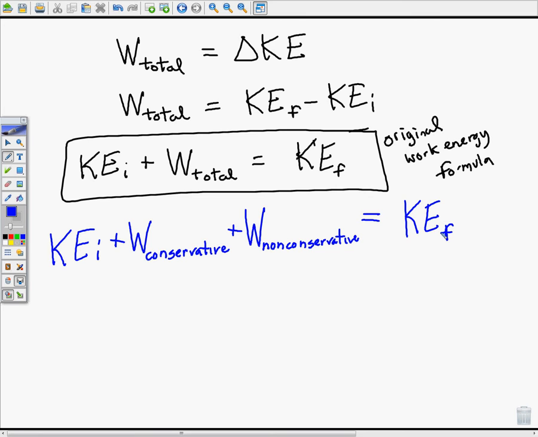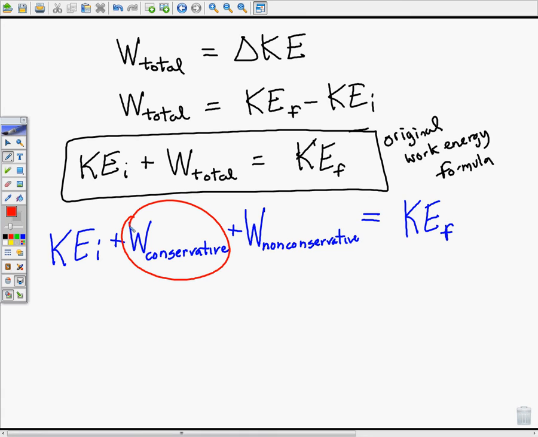Now, where we're headed, instead of calculating all of the works done, in the future, we're not going to calculate the work done by conservative forces. The work done by conservative forces is going to be calculated an easier way by using potential energy terms.